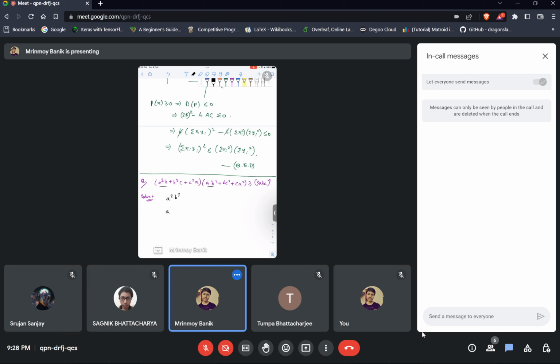So you can take it to be a squared b, b squared c, c squared a, and b c squared, c a squared, a b squared. Now the product of all of them multiplies up to a squared b squared c squared, and on the right hand side, the sum is 3 a squared b squared c squared.